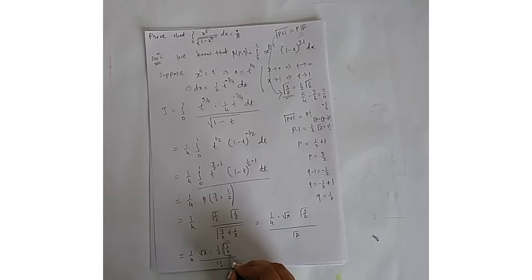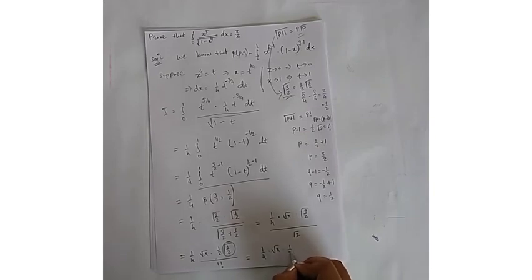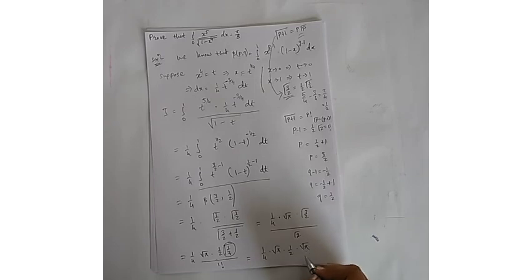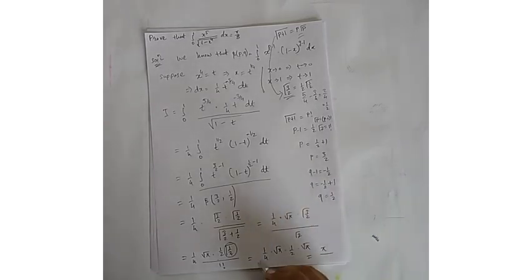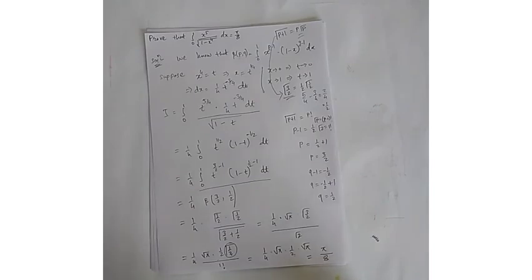And also we know that the value of gamma 1 by 2 is square root of pi. So it is 1 by 4 into 1 by 2, square root of pi into square root of pi, which is pi, and 4 into 2 is 8. So this is our answer, pi by 8.